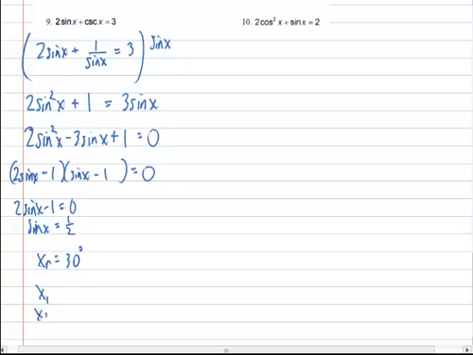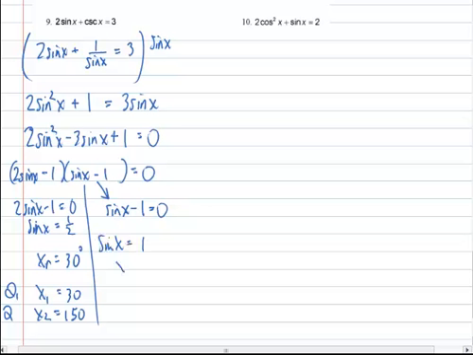And first and second quadrant angles, because sine is positive, are going to be 30 and 150. And then we have the other one, sine of x minus 1 equals 0. So that's sine of x is equal to 1. That means from our table that the sine ratio, we're at 90 degrees.